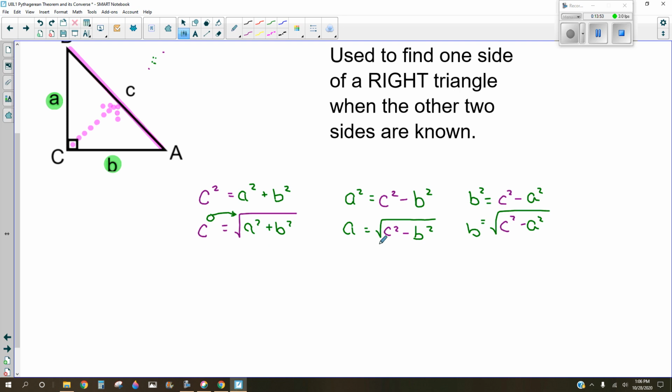So there's your three equations that you're going to use for the Pythagorean theorem. Okay? So you're going to have this one, or this one, depending on which side you're missing in the problem. Okay? So make sure you have those written down. Pause this video if you have to, and then let's do some practice problems.